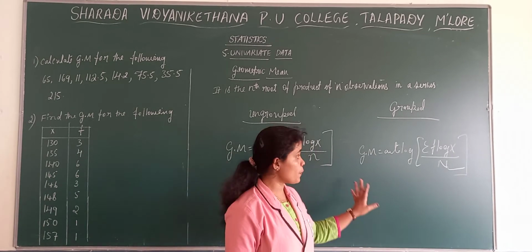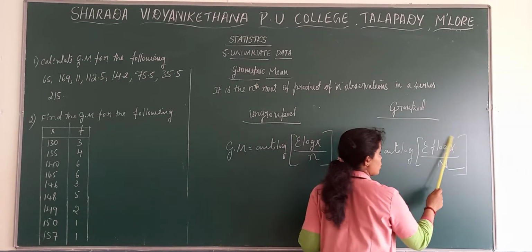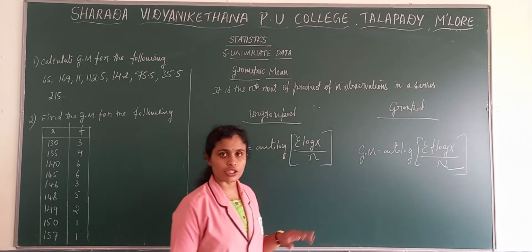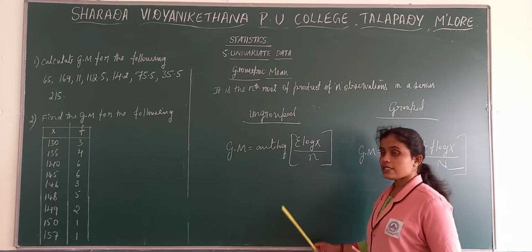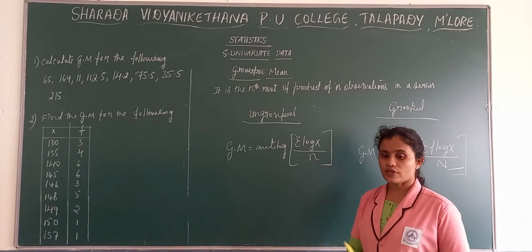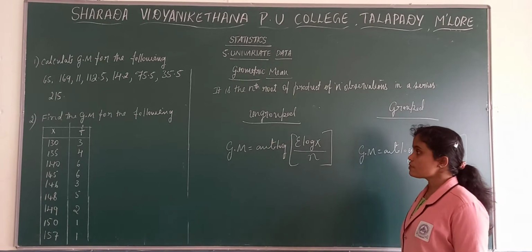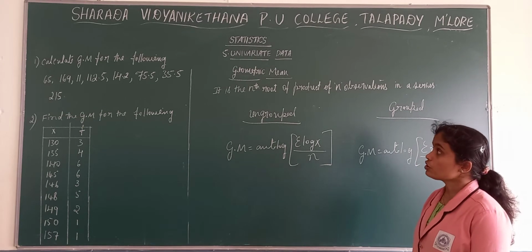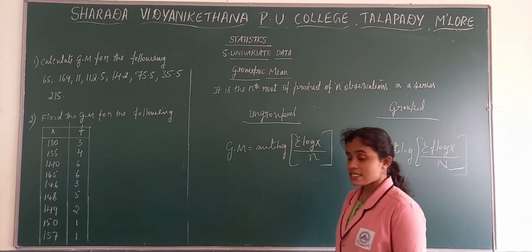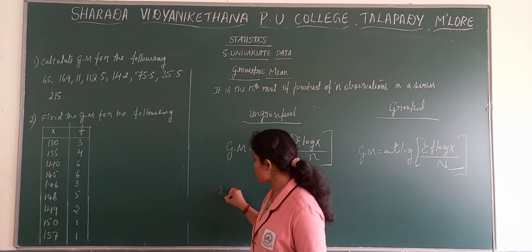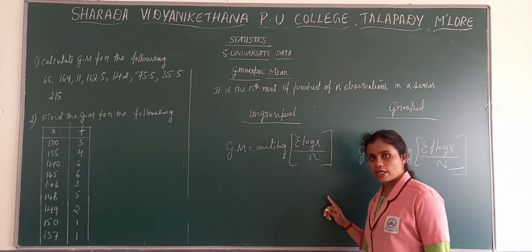Now, actually we will discuss the problems here. When you observe the formula, you require the log of x. Log you need to find out, and we have seen how to find the log, and it will be more clear when we find the log here. So now firstly we will move towards the problems directly. Here you need to remember what is geometric mean, and as I said, if the question is find the geometric mean of 2 and 8, you need to find the root of 2 into 8.